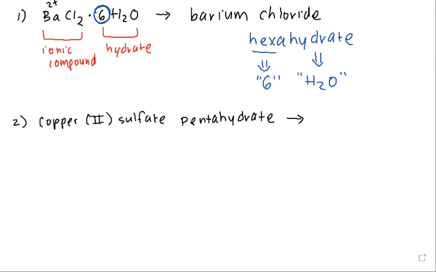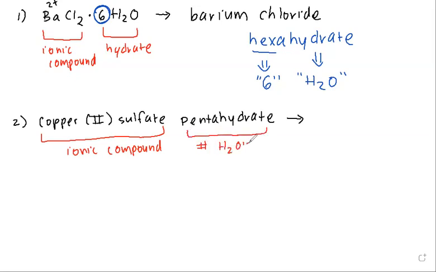So we're going to dissect this again. We've got the ionic compound, and we've got our number of waters attached, number of H2Os. And that's probably a better way to put it. It's the number of H2Os.